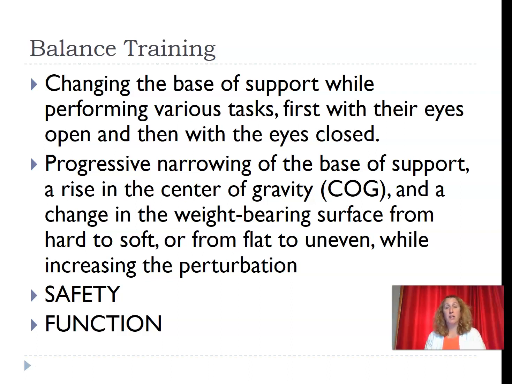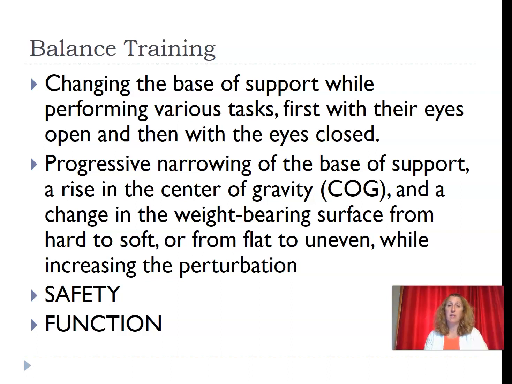The base of support could go from wide, to narrow, to single leg. You could take out the vision. This would be the difference when you're looking at someone's balance with their eyes open versus eyes closed, how much sway they would have, and if they need to take a step to maintain their balance. All of this is going to be indicative of how we would progress balance training.